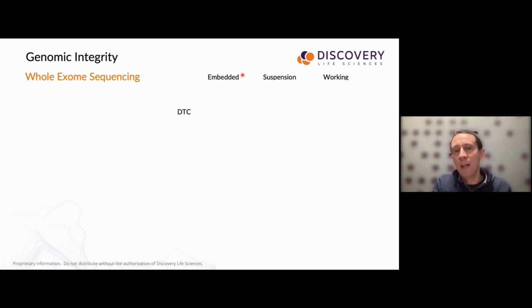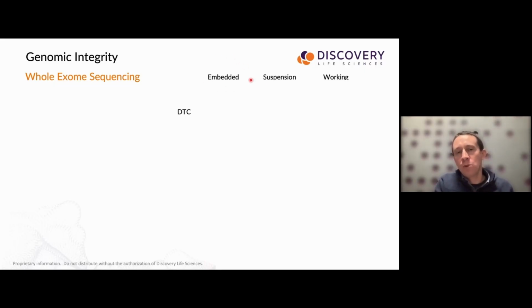So these embedded cultures are then worked up into what we call a suspension culture phase. In this case, there is still some basement membrane extract present. It tends to be at a lower concentration, but these tumoroids then grow more as a non-adherent cell line would. You can get a higher density per unit volume, and it allows for expansion.